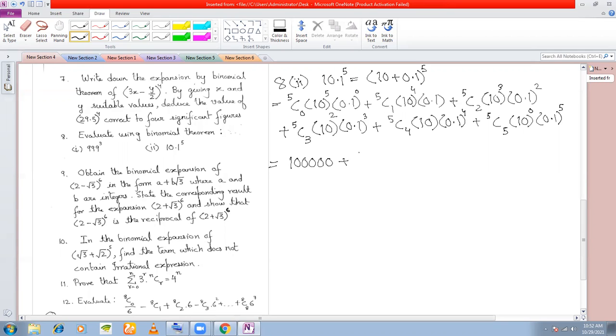Similarly, 5C1 is 5, 10 to the power of 4 is 1 followed by 4 zeros, into 0.1, plus 5C2 is 10 into 10 cube is 1000 and 0.1 square is 0.01. 5C3 is the same as 5C2, which is 10, 10 square is 100 and 0.1 cube is 0.001, plus 5C4 is the same as 5C1, which is 5.